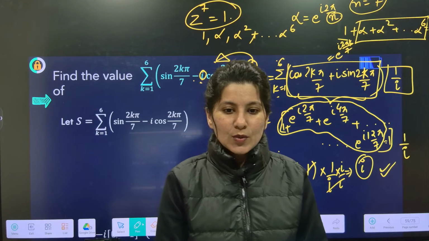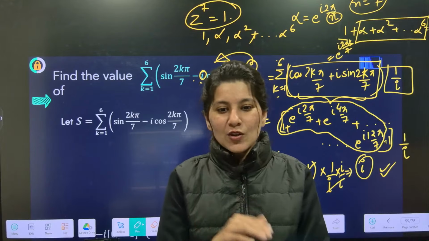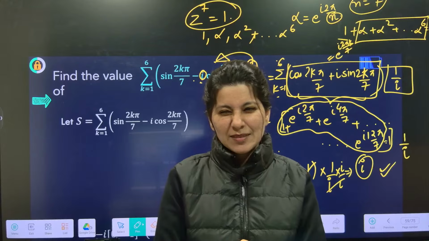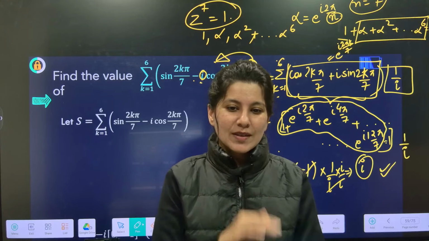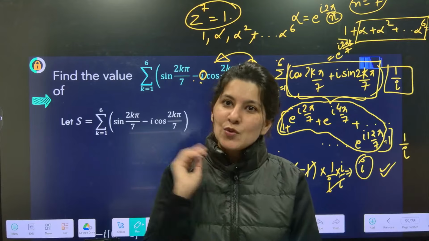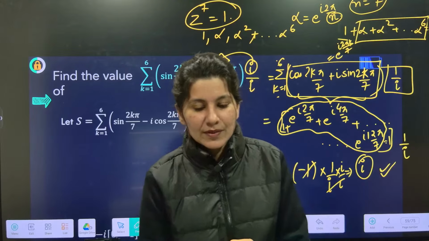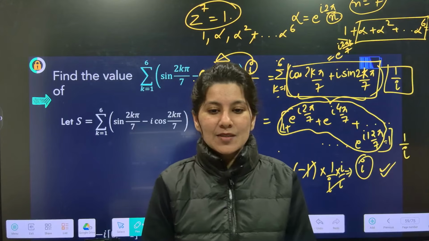Vectors you want me to do next? Probability, yes, one good student. Binomial theorem, I have already done. So many times I have done, yaar. Every day do you want me to do the same chapter? I won't be able to do that, sorry. Vectors also done in the JEE Booster series, by the way.